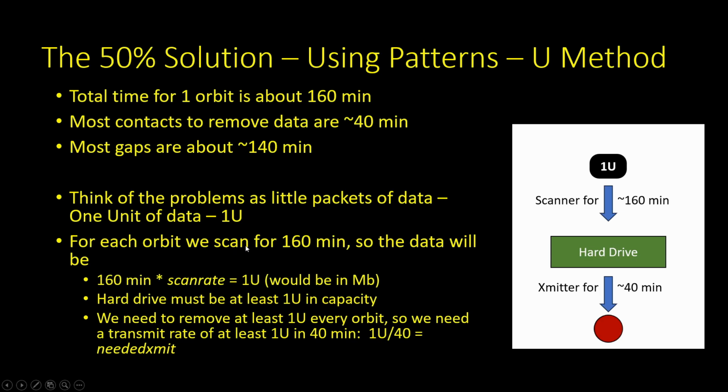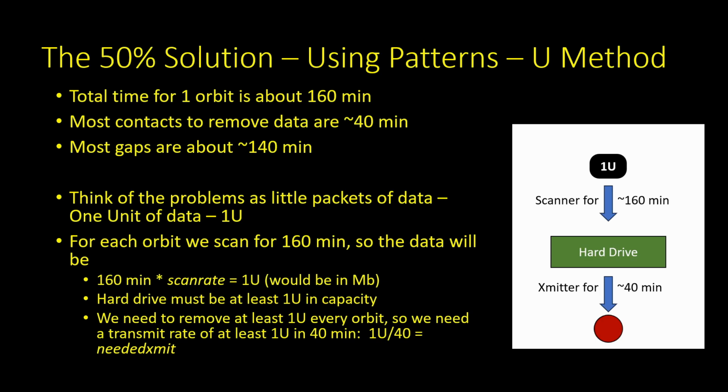So down here, for each orbit, we scan for 160 minutes, so the data will be 160 minutes times whatever your scan rate is. Now, you can solve for that actual number, but what we want to do is get an idea on how we can solve this scenario without actually committing to one of these scanners.